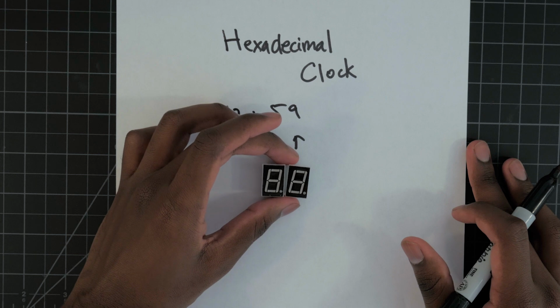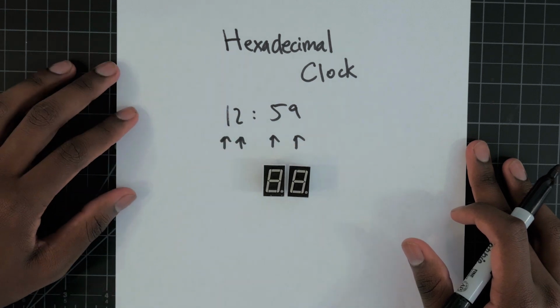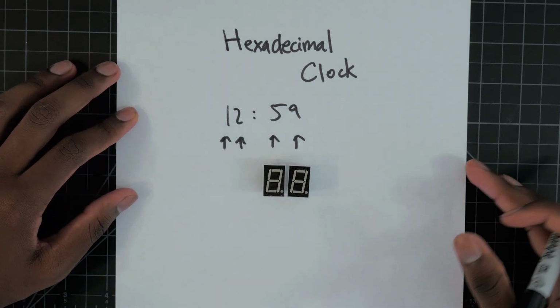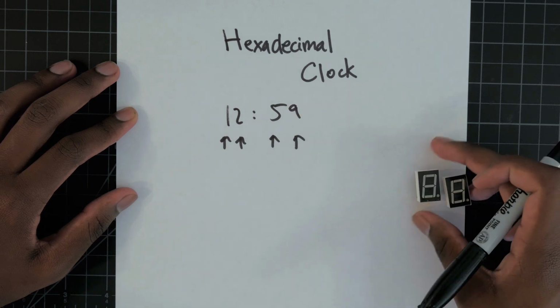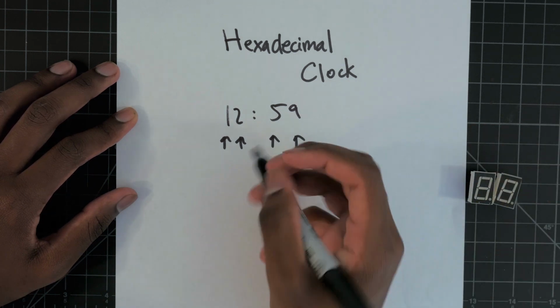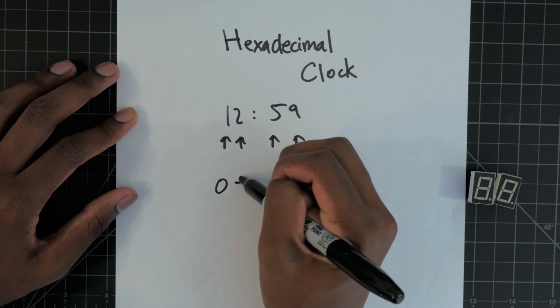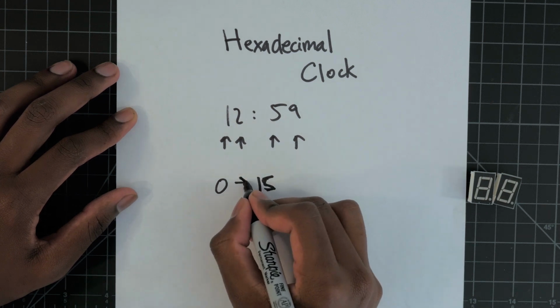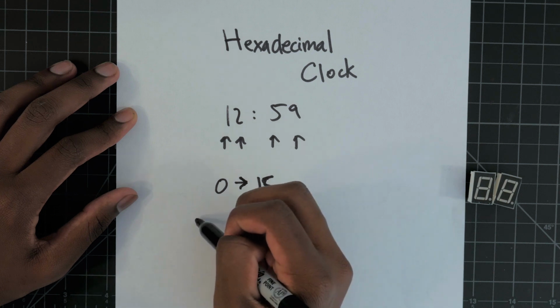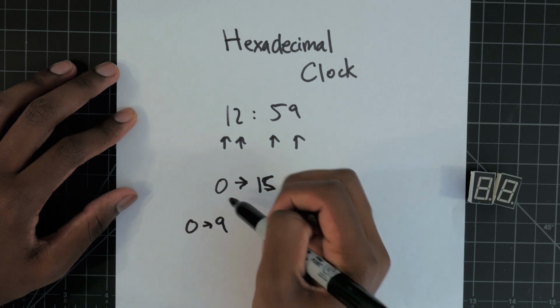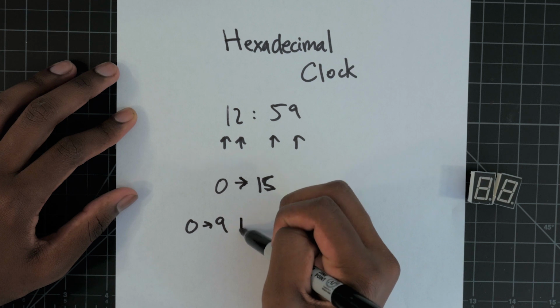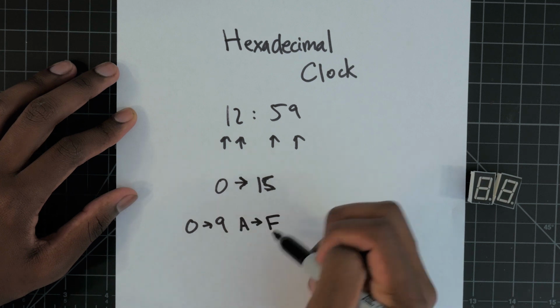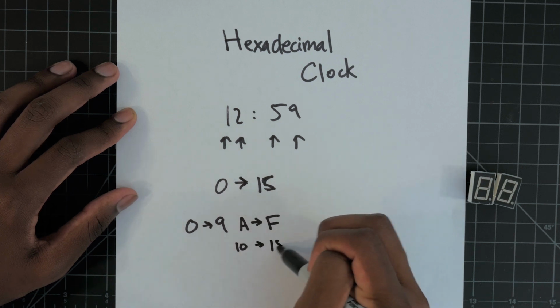Now some of you can already be piecing together why it's called a hexadecimal clock, and that's because with hexadecimal, you can use 1 digit to correspond to the numbers 0 through 15. The way you do this with 1 digit is you use the digits 0 through 9 to correspond to 0 through 9, and then after that you use A through F, which correspond to 10 through 15.